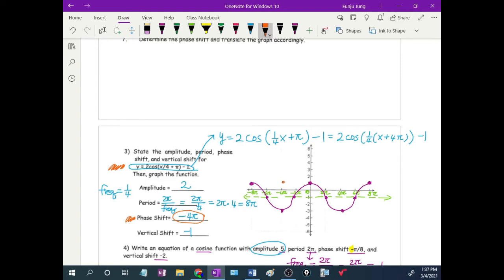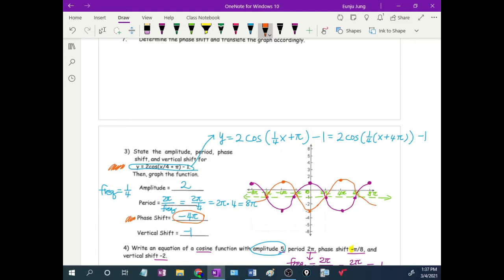So this point over here. And this position somewhere here, right? Negative 2 pi. So the graph is like that. Okay, connect them. And this is 2 pi to the right. So here. And at 0, this is 4 pi. So it's moving over here. Okay, and this position 4 pi to the left, so the graph is like this.